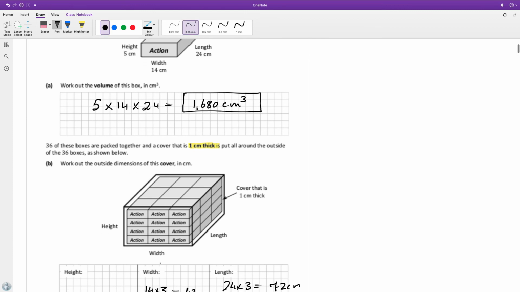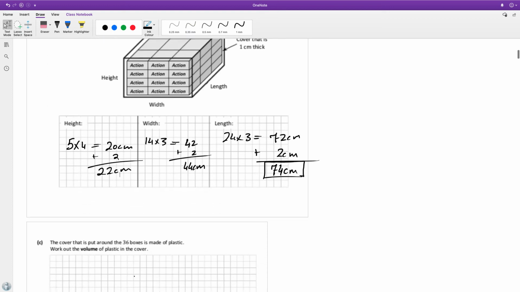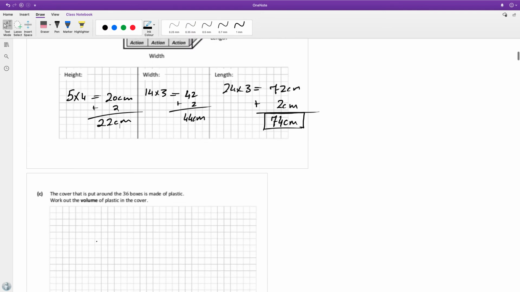Multiply 5 by? Yeah, good girl, 5 by 4. That's all they ask us there, just to get the dimensions. Now they ask us down here to get the volume.